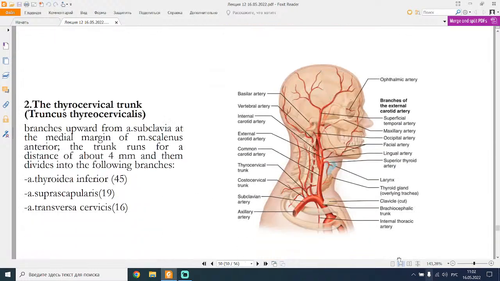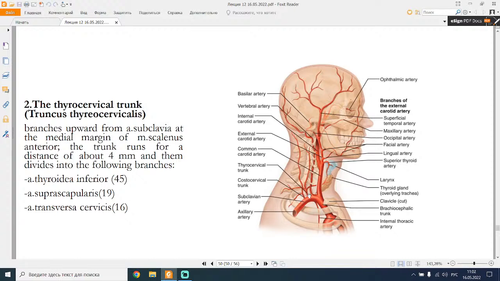Next, the truncus thyrocervicalis branches upward from arteria subclavia at the medial margin of musculus scalenus anterior.